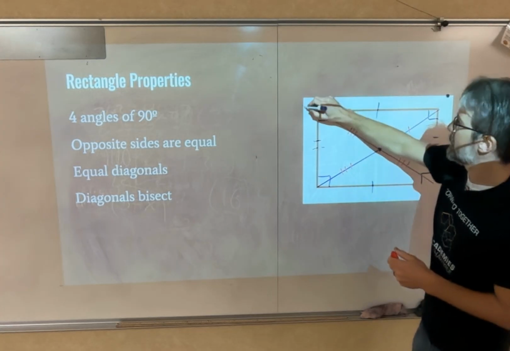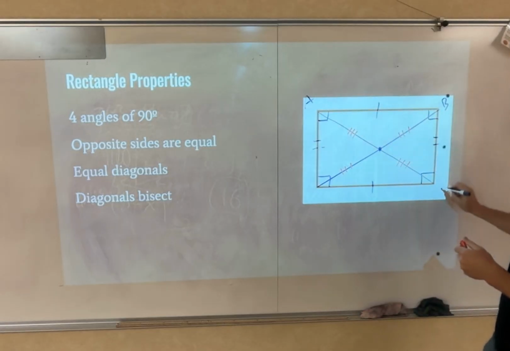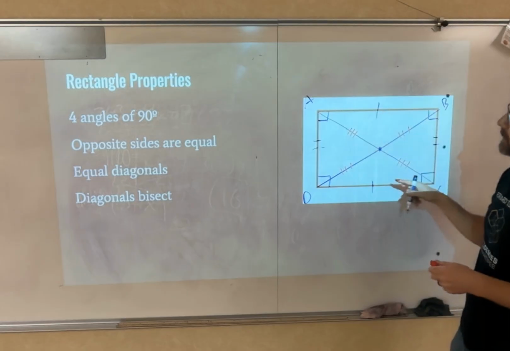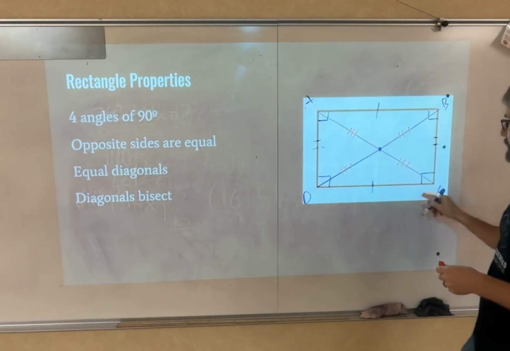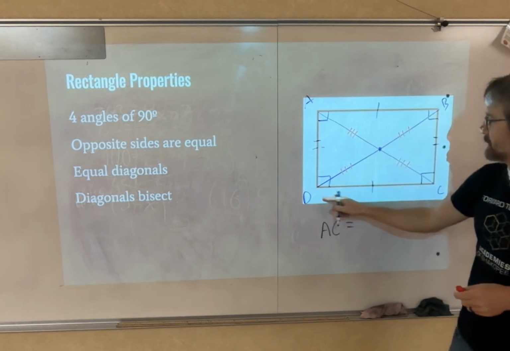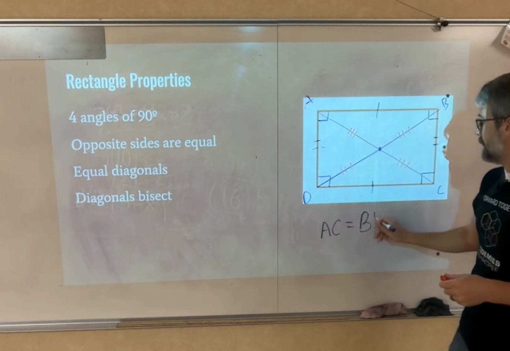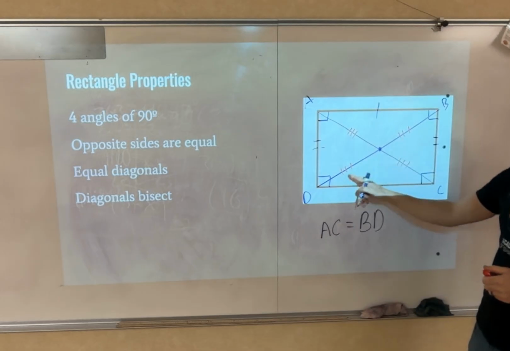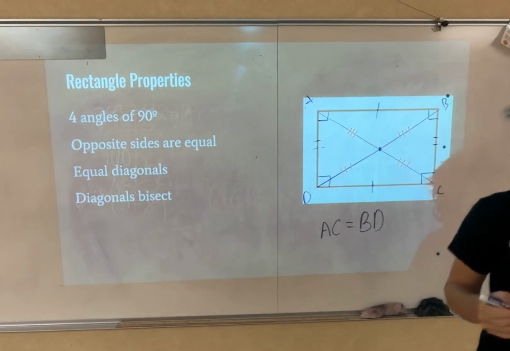So if we call this A, B, C, D, if these are right angles, the distance from A to C is going to equal the distance from B to D, and that center point is a bisector, so both halves are equal to one another also.